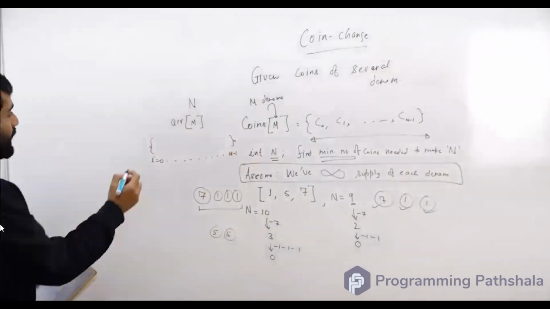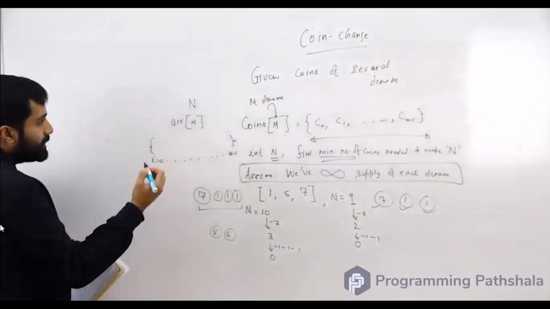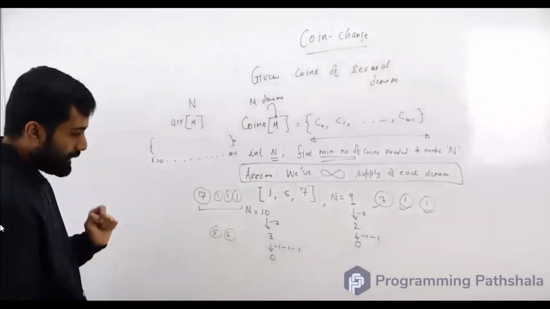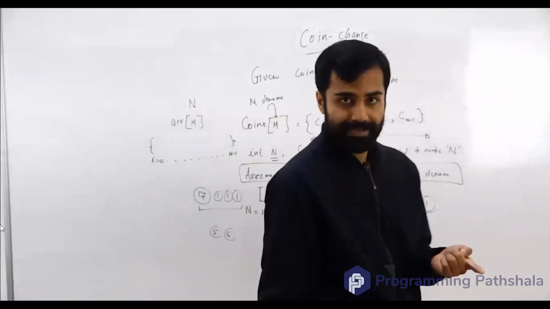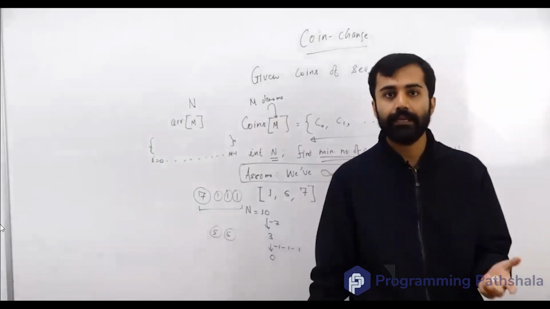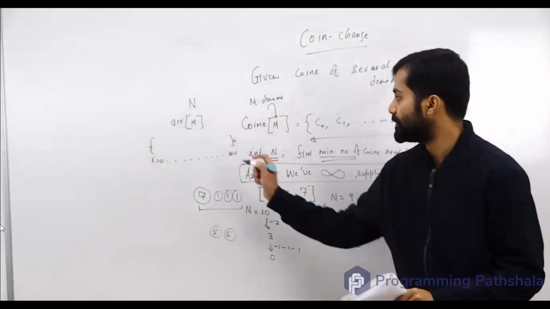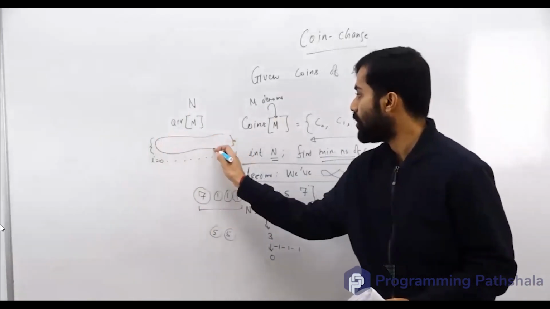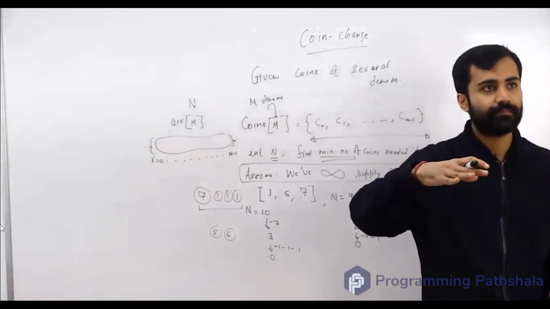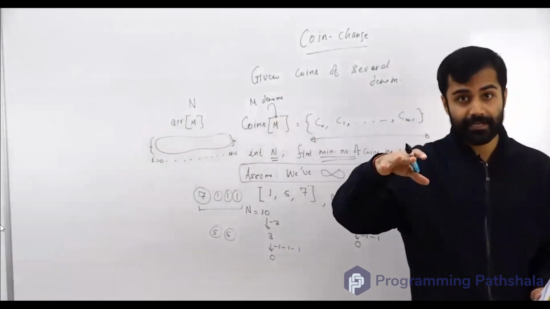Tell me, if you want to make n rupees, in how many different ways can you choose your first coin? If there are m options over here, in how many different ways can you choose your first coin? In m different ways, right?